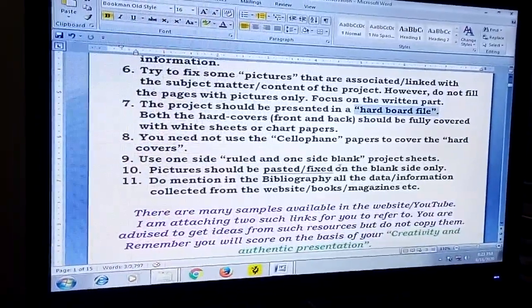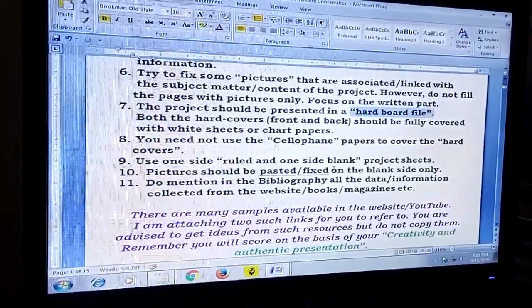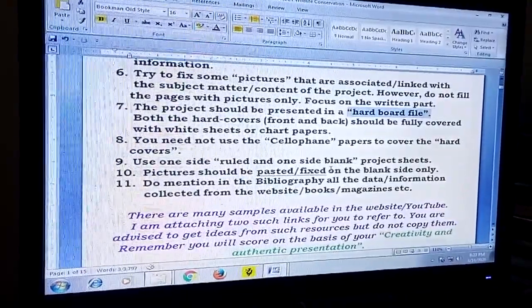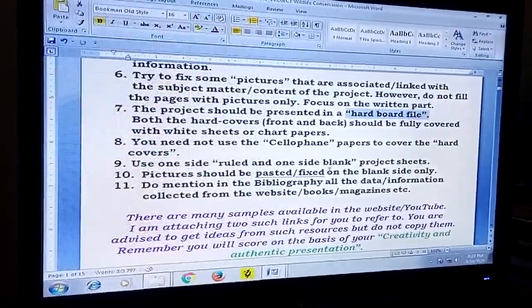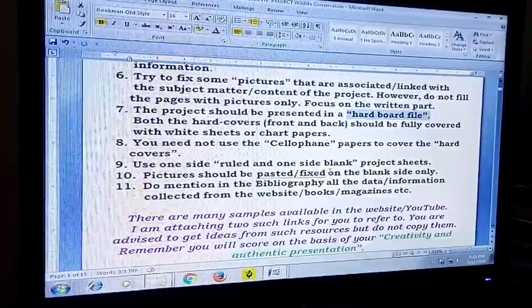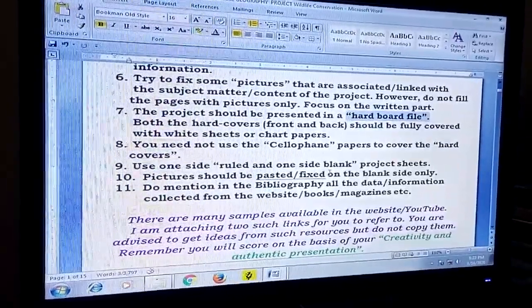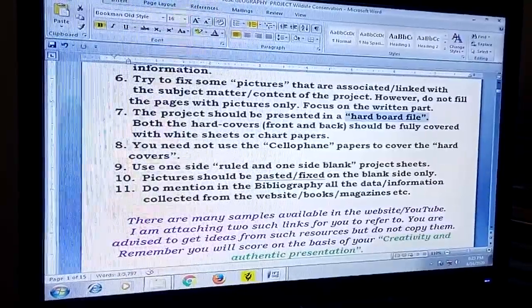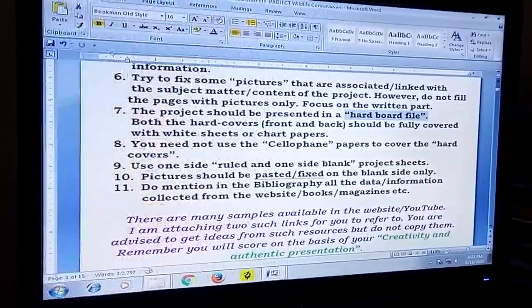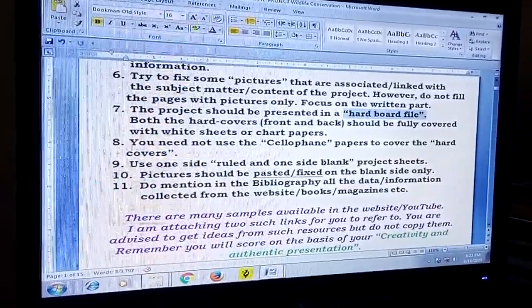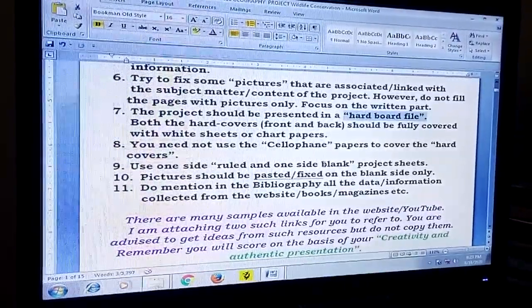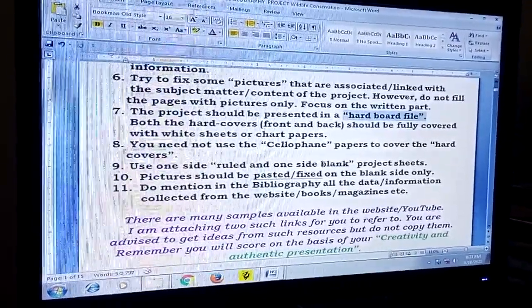The blank side will be pictures. All the pictures should be pasted on the blank side. No picture should be fixed on the ruled side, and the pictures should always correspond to what you write on the ruled side.